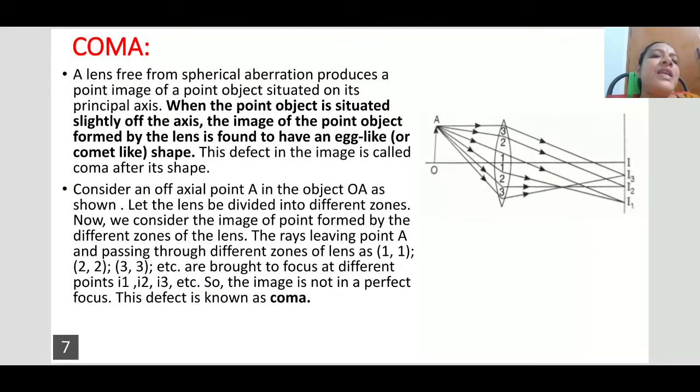Next, after completing spherical aberration, let us discuss coma, the next type of monochromatic aberration. Coma is nothing but a comet. In the spherical aberration case, what we learned is that a lens free from spherical aberration produces a point image of a point object situated on the principal axis.